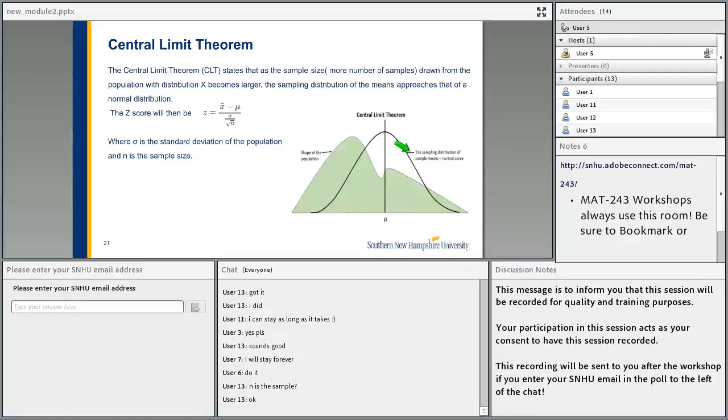So I can start off with a crazy population. If I keep taking many samples from this population, as the sample size goes on increasing, then the curve that I end up with will be a normal curve. So the idea is to start off with a crazy curve and end up with a normal curve that I can use for various mathematical computations. So that's what your central limit theorem is saying.